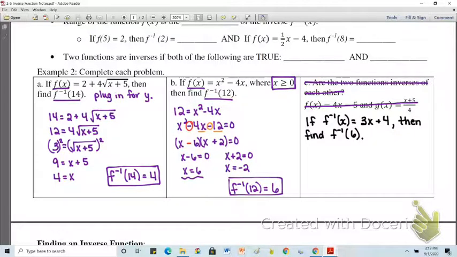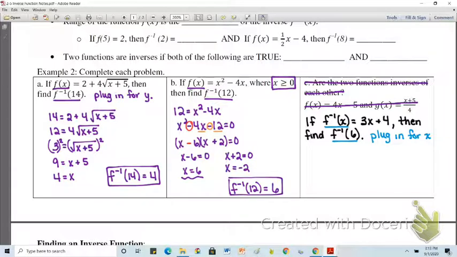Okay, on to our new question I wrote for C. And it says, if f to the negative 1 of x equals 3x plus 4, then find f to the negative 1 of 6. Notice this time, I give you the inverse function, and I ask you to evaluate the inverse. Since I give you the inverse function and ask to evaluate the same function, we're going to plug in 6 for x.